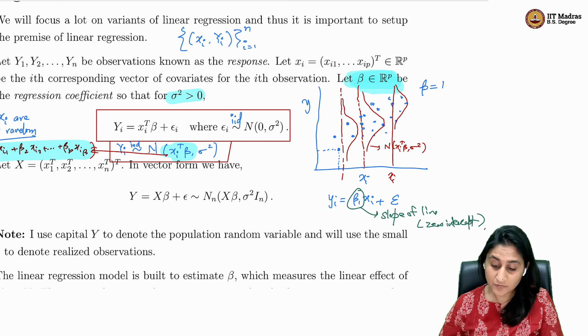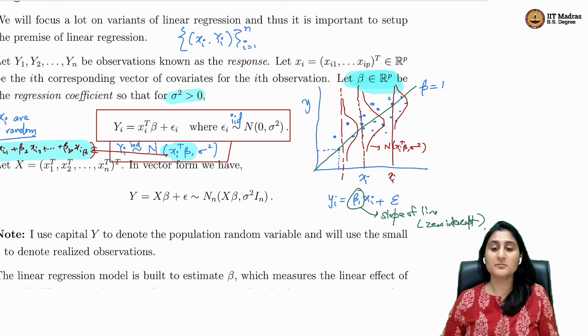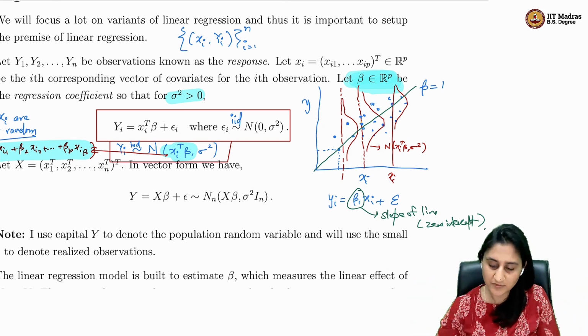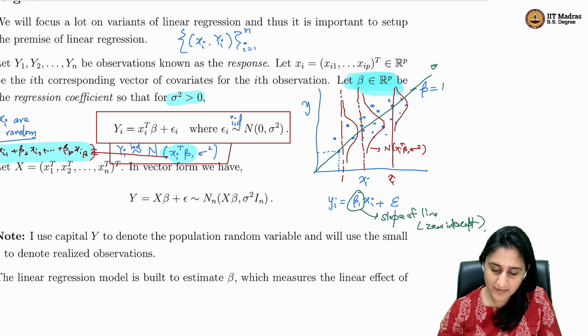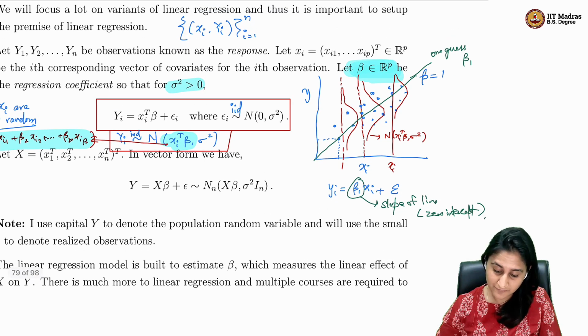Zero intercept means something like this. This might be a good line fit. So this would give me one guess of beta 1.